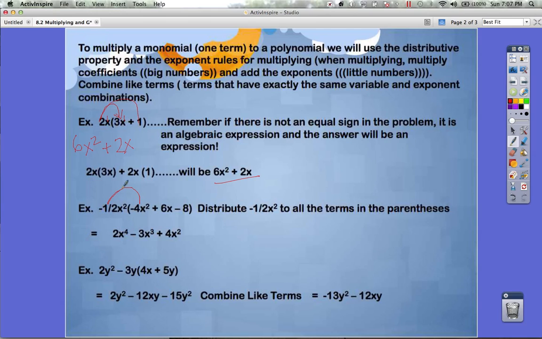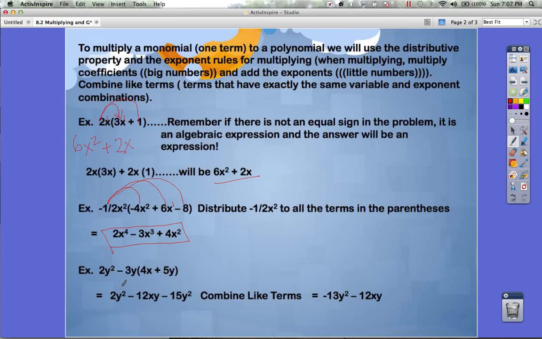Then you multiply negative 1/2 to 6, and you're going to get negative 3. x^2 plus x^1 makes x to the third power. And then negative 1/2 times negative 8 is going to be 4. And then x squared plus no more x's is just going to be x squared. So this is your simplified answer: 2x^4 minus 3x^3 plus 4x squared. This is in standard form in descending order.